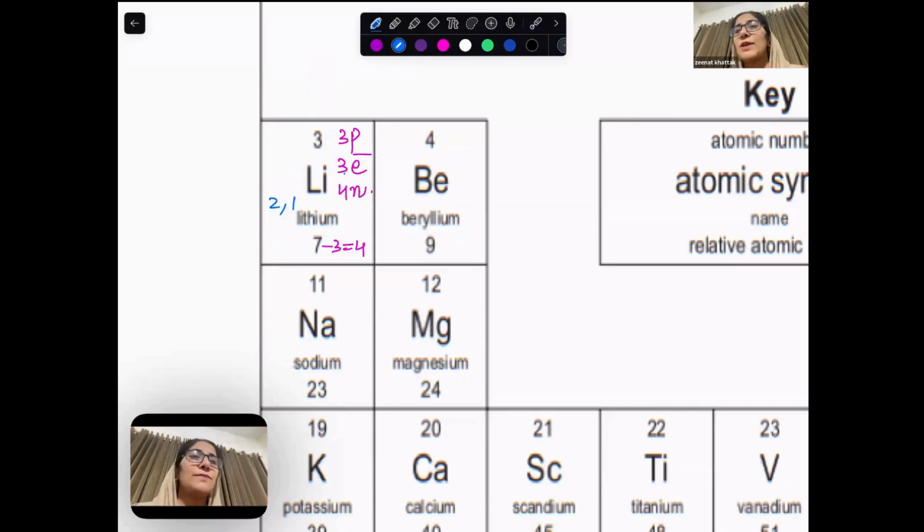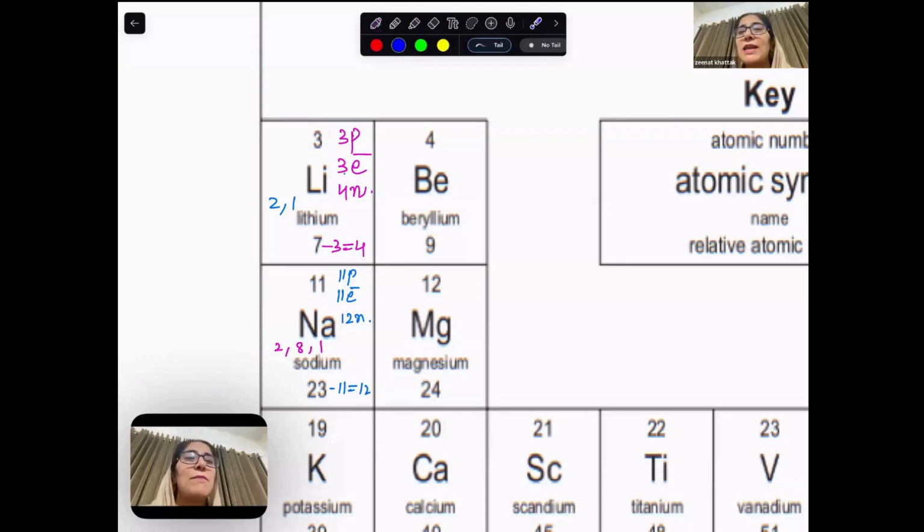Sodium, look at sodium. 11 protons, 11 electrons, 23 minus 11, 12 neutrons. Agree? The 11 electrons: 2 in the first shell, 8 in the second shell, and 1 in the last shell. 2, 8, 1, that is 11.